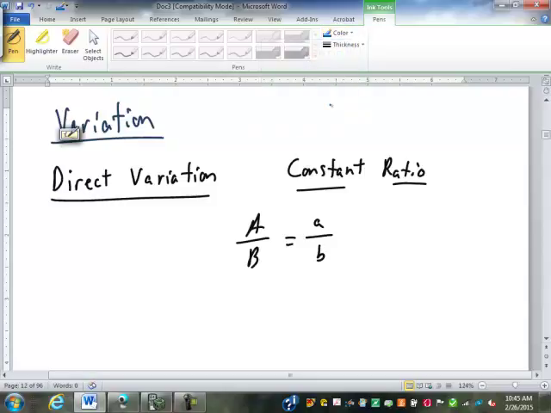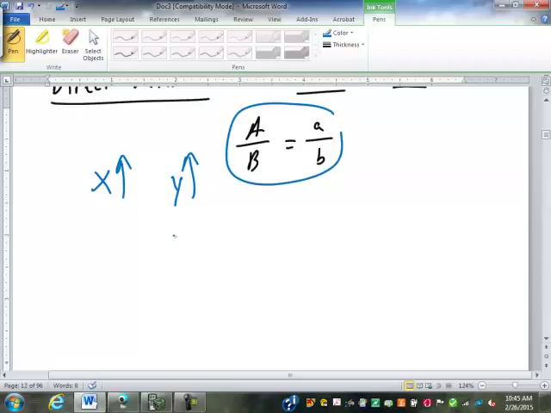Basically, if one value gets larger, let's say our x value gets larger, the y value also gets larger. So we could write it as a proportion like this, or we can write it as y is equal to a constant times x. Or we could write it as y over x equals a constant. Again, that builds into that whole constant ratio thing, proportional.